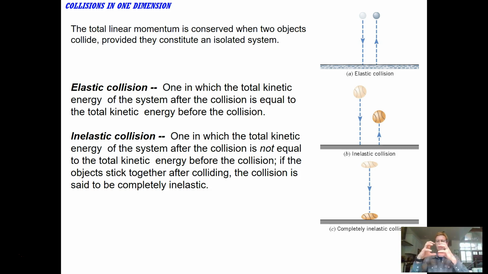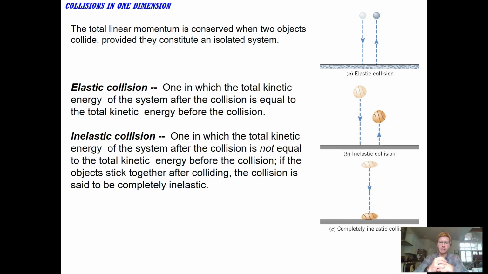So the first type of collision is an elastic collision. What it means for a collision to be elastic is that all of the kinetic energy before the collision is equal to the kinetic energy after the collision. So not only would momentum be conserved if you have an elastic collision in an isolated system, but you would also have kinetic energy being conserved.